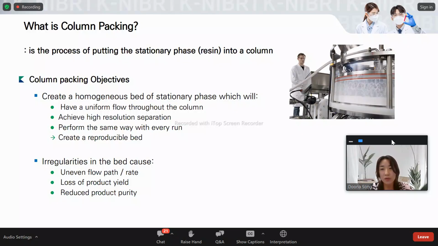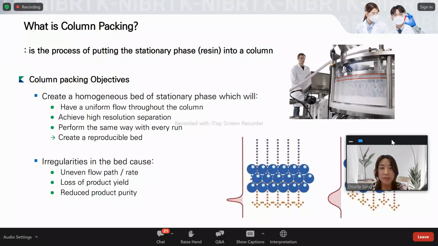The final product may not be as pure as we need. So this left figure is an optimally packed bed. This displays high column efficiency. And this figure is poorly packed. This displays low column efficiency.